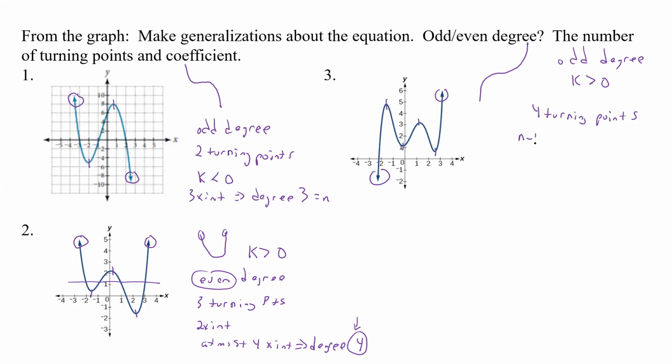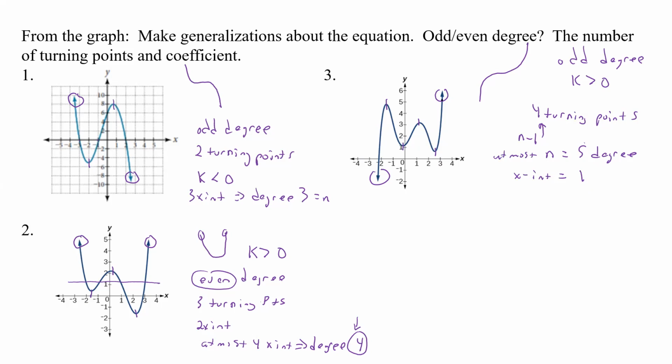So n minus 1 is what that is equal to. So n is equal to, we have 5 is the degree that we're going to say. Now, does that match being odd? Yeah, it matches being odd. Now, how many x-intercepts? Well, there's just 1. Okay, so there's 1 x-intercept, but we have a possibility of 5 at most. So remember, at most, n is equal to 5 because of the number of turning points here.